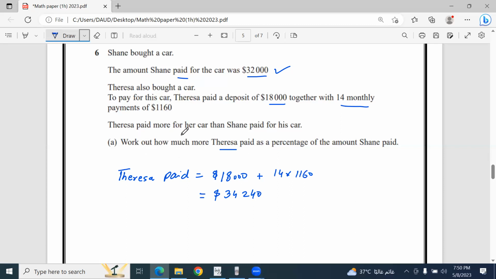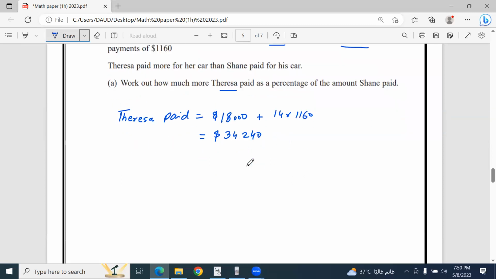They say Teresa paid more, of course she paid more, and how much more Teresa paid as a percentage. So how can you convert into percentage?